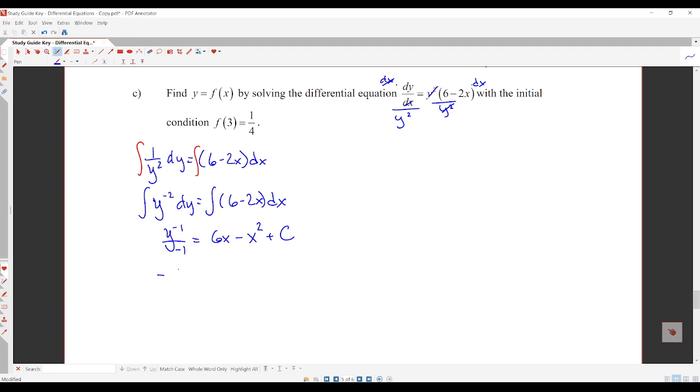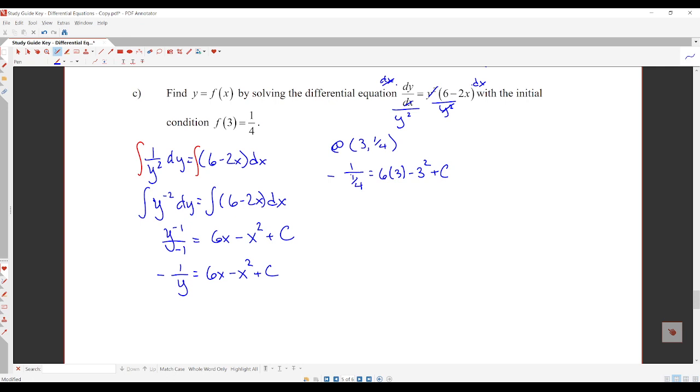Let's clean this up a little bit. I'm going to write that as negative 1 over y equals 6x minus x squared plus c. All right, up here, I'm going to take a look at the point (3, 1/4). So I get negative 1 over 1/4 equals 6 times 3 minus 3 squared plus c. Again, when I look at this expression, 1 over anything, we could also read as the reciprocal of.